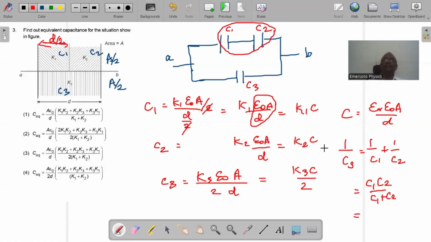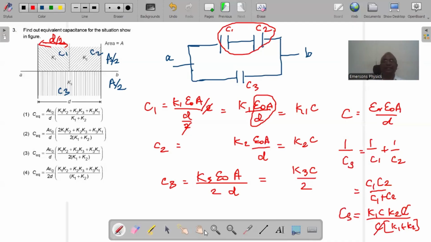So C1 is K1 C, and C2 is K2 C, so taking C common, K1 plus K2. So this gets cancelled.